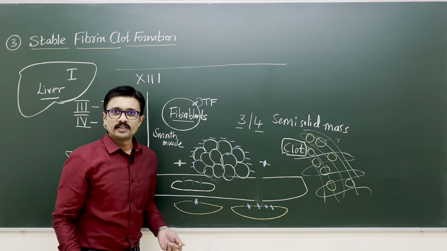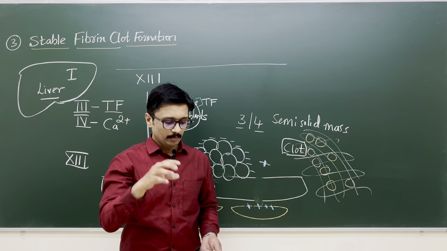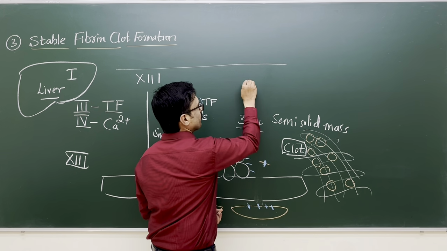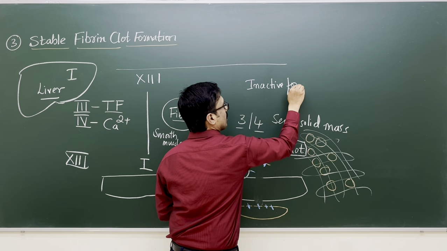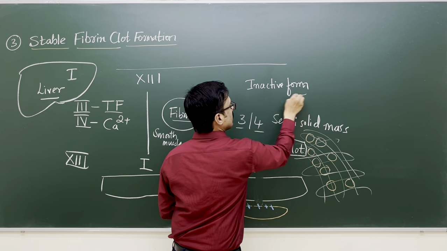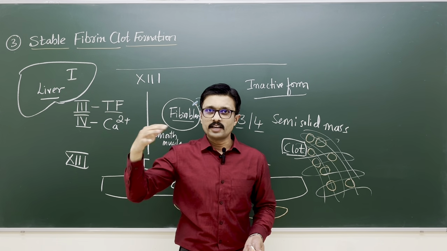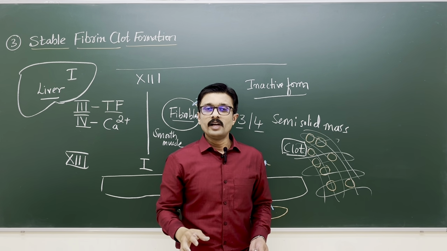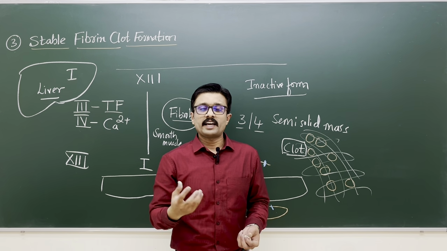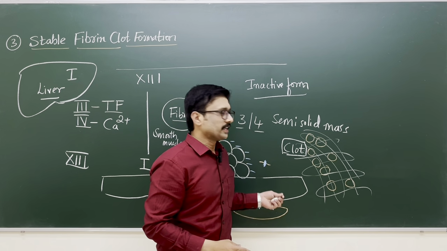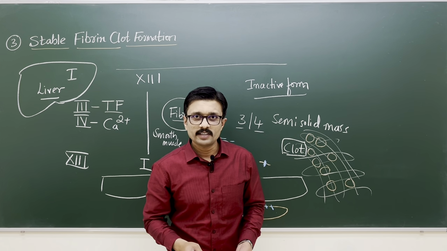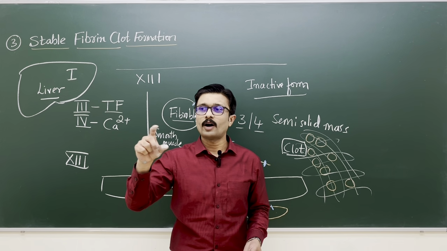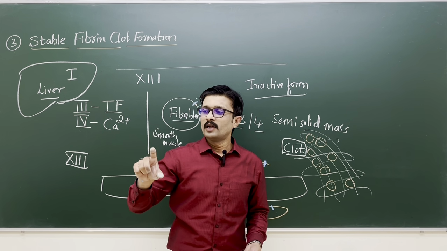In circulation, these clotting factors, the proteins, are in inactive form. These clotting factors get activated only after there is injury, or they also can get activated when the blood is taken out and placed in the test tube.